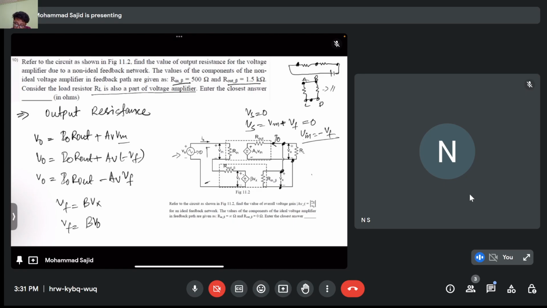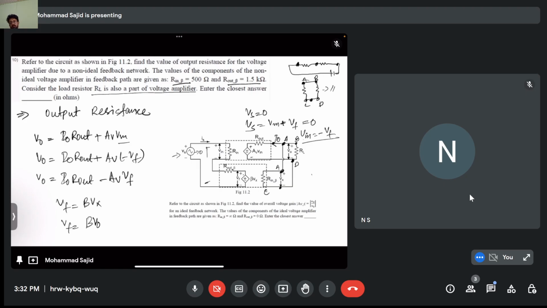So here if you look, R_NB has this node, let's call it A, and RL has a node, let's call it B. R_NB's second node, let's call it C, and RL's node, let's call it D. So can you see here, A and B are at the same position, and C and D are also connected.